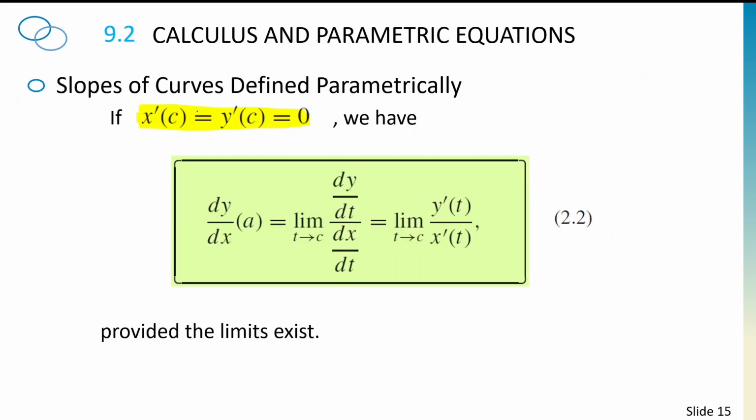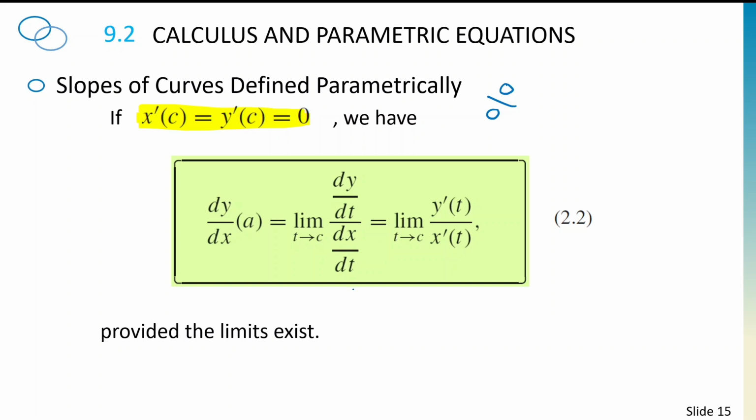So anytime I have x prime of t at any point c, let's say, x prime of c, y prime of c, if both of them equal 0, so basically just like you're having 0 over 0, in that case, I don't find it at the exact c. I'll take the limit as t approaches c.